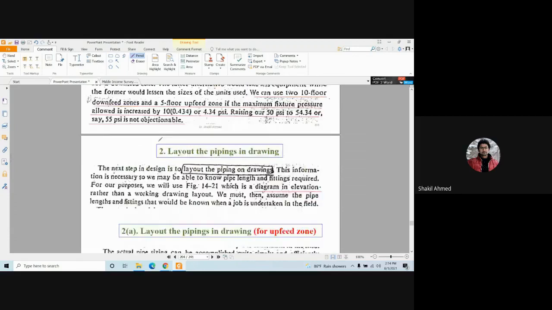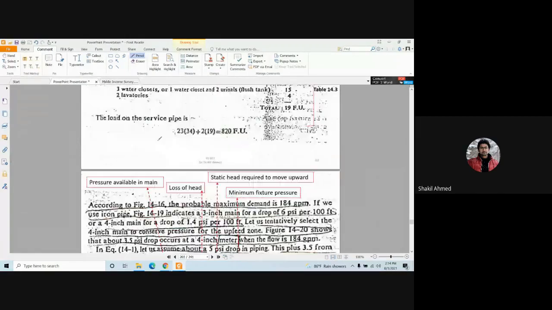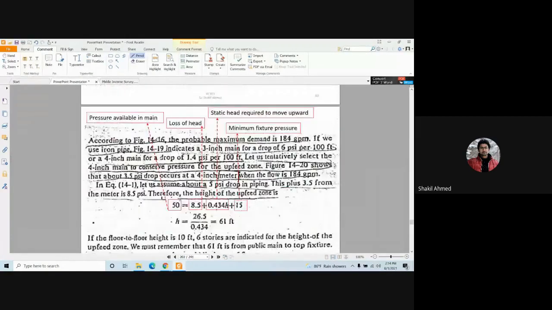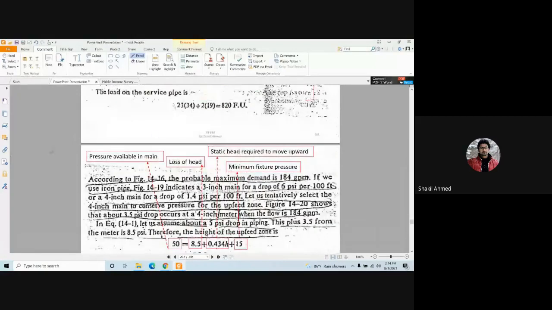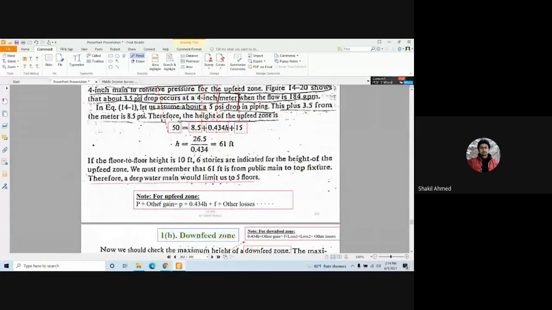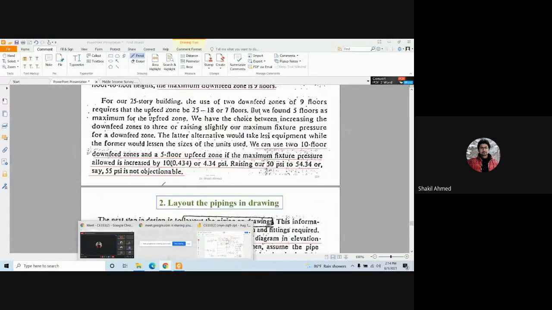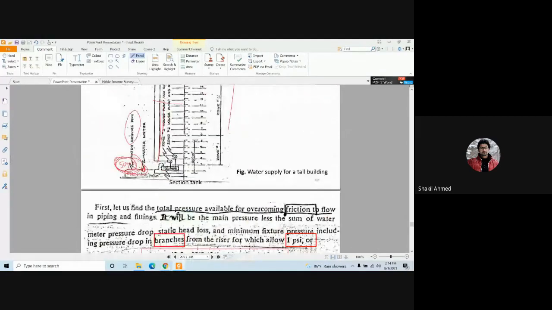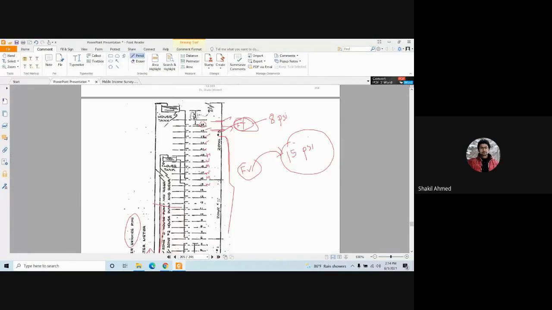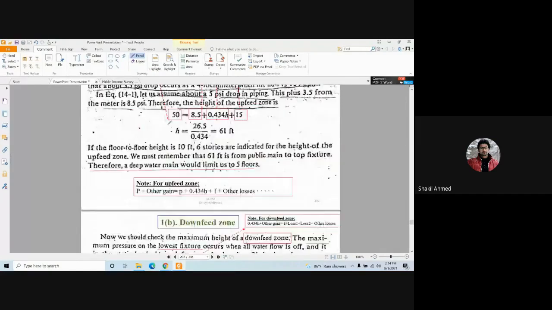Now, let's look at this. To go there, we need to remember: when the water is supplied from this pressure like this, what is the direction of the water? Upward. So this is an upfeed zone.